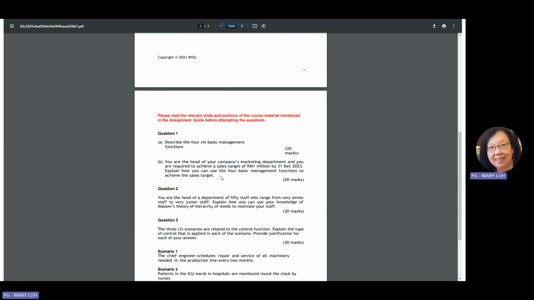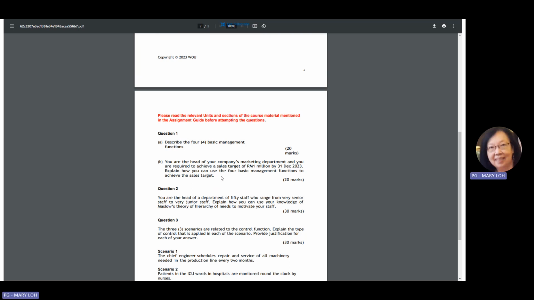So you actually say what you are going to do. As a marketing manager, I will carry out the 4 functions of management, which are planning, organizing, leading, and controlling.